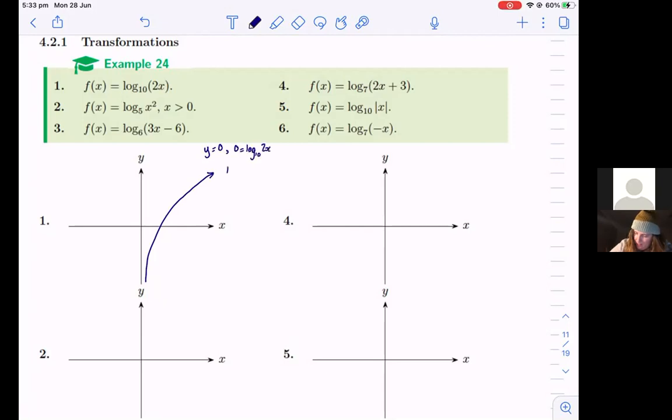So you're always going to have 10 to the 0 equals 2x, or whatever to the 0. 1 equals 2x, so x is a half. So that's that point. Half comma 0. And then let's chuck in x equals 1. y is going to be log base 10 of 2. That's not going to give us anything nice.